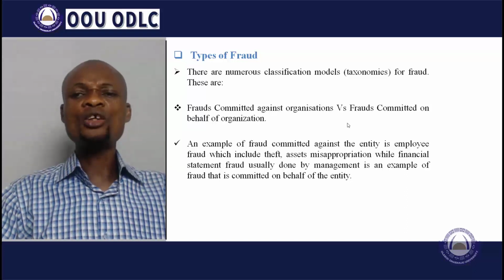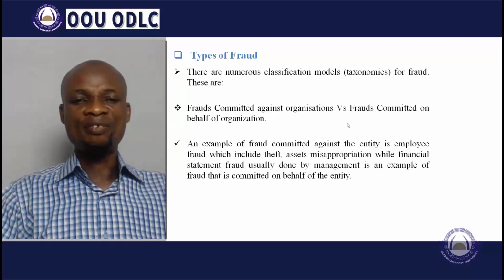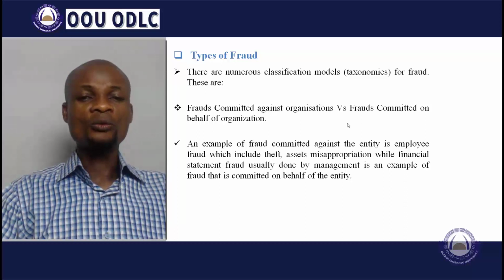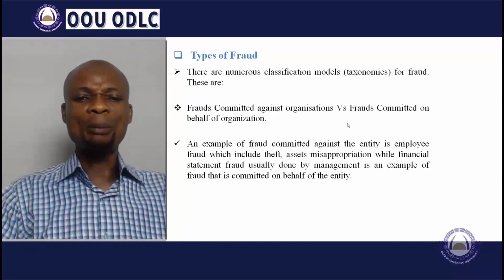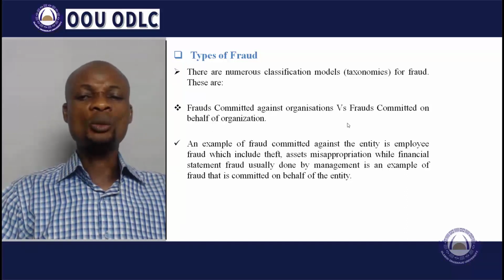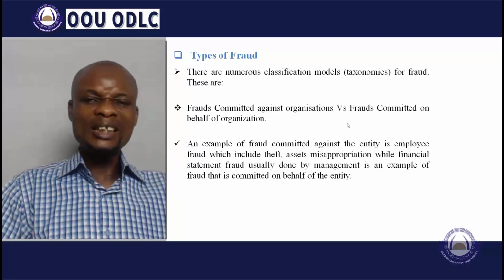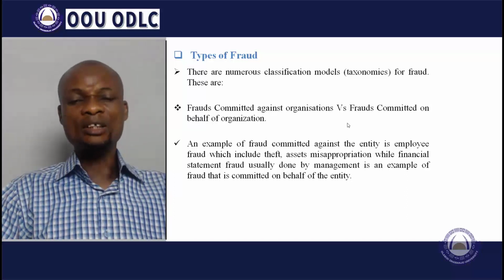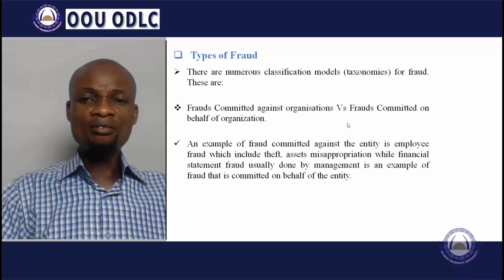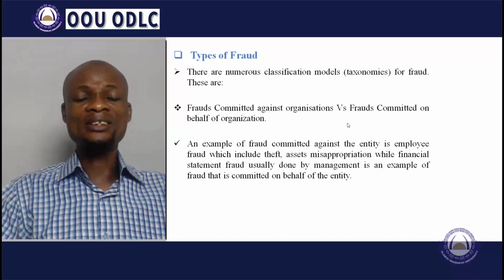The second one is fraud committed on behalf of the organization. This one involves financial statement fraud, which is committed by management on behalf of the organization. It is committed to protect the organization, though it's a fraud. This is where we have window dressing of financial statements, for instance.